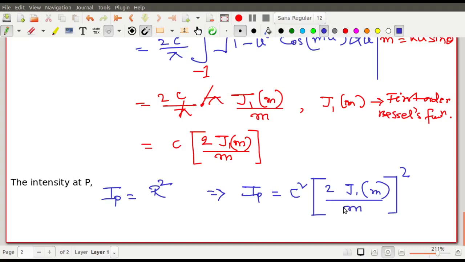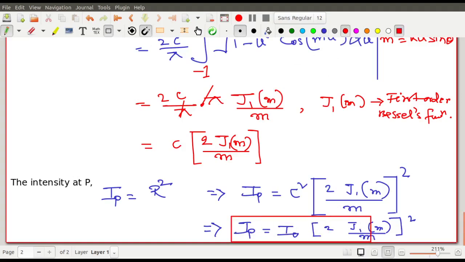And this part I call I0. Now there is a reason for taking these 2 together, I will tell you, and you will understand a little later why it is done. So now this one I call I0. I don't assign any physical significance to I0 right now, I just write it I0. So this is the final expression for the intensity distribution pattern for a circular aperture, and you have understood everything except that J1.